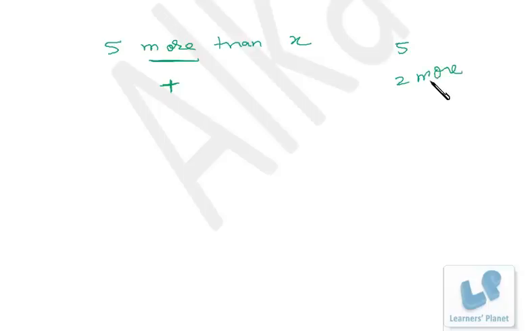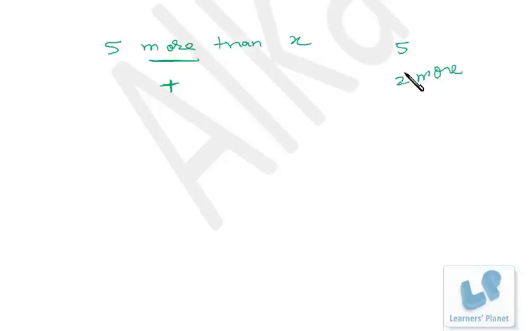Now suppose I tell you 5 more than x. More means what? It's addition, isn't it? Suppose you have 5 fruits, and your mother gave you 2 more fruits. Now how many fruits will you have?